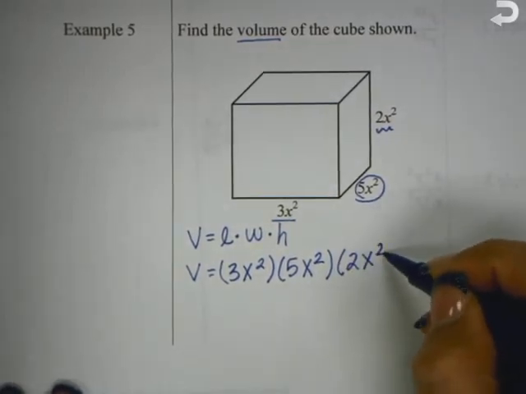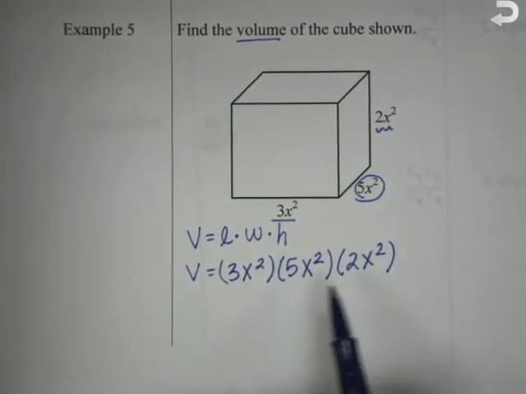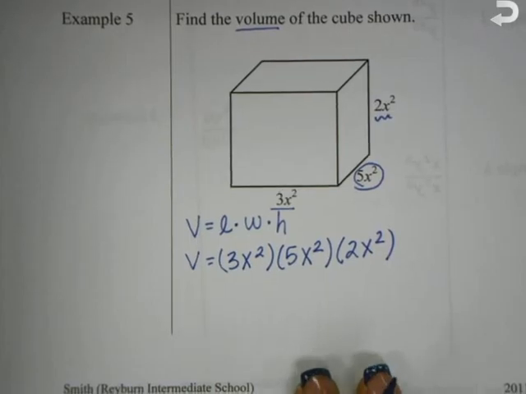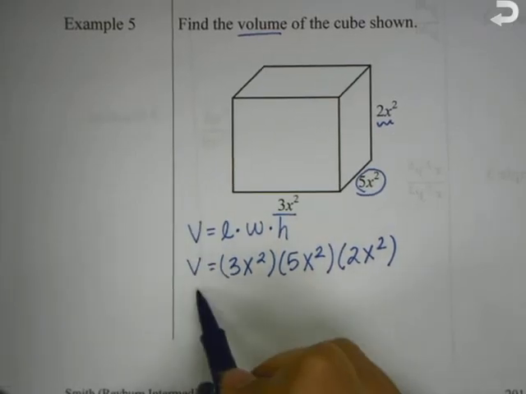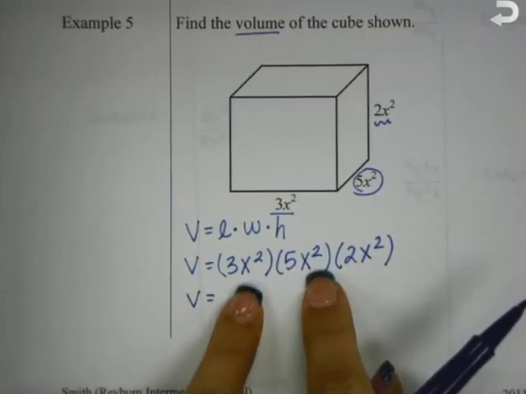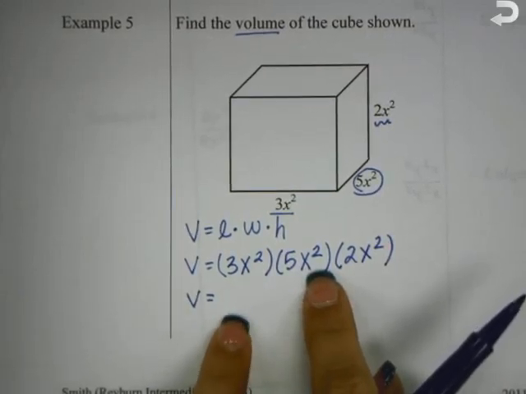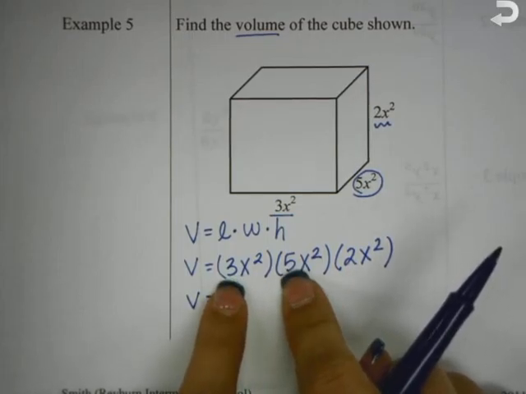Now going back to order of operations, I multiply which direction? Left to right. So the first two that we're going to multiply is 3x squared times 5x squared. So first thing, signs. A positive times a positive gives me a positive. Numbers, 3 times 5, 15, and I'm going to keep it in parentheses.